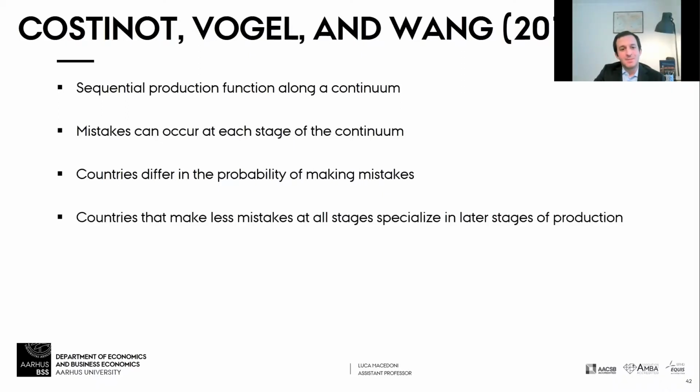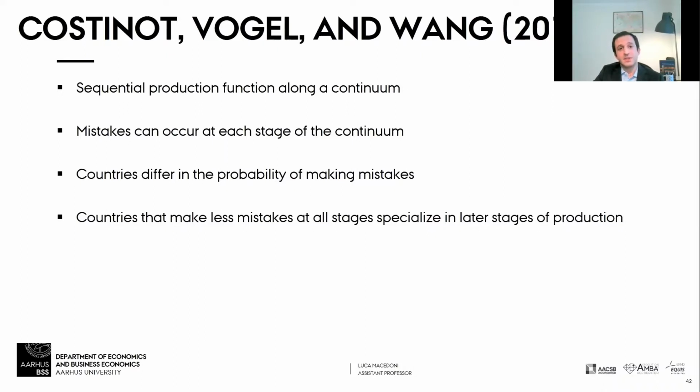And so what's going to happen is that the countries that make the least amount of mistakes will specialize in the later stages. Okay? And the countries that make the most mistakes will specialize at the early stages. Now, why? So I guess this makes sense, right? This is another way of thinking about offshoring.